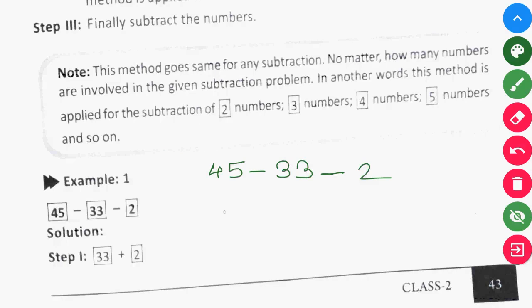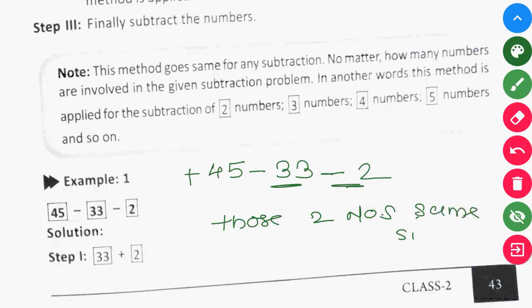See, there are three numbers, so we will check the signs of the numbers. 45 has a positive sign, 33 has a negative sign and 2 also has a negative sign. So those two numbers which have the same sign, we add them first.